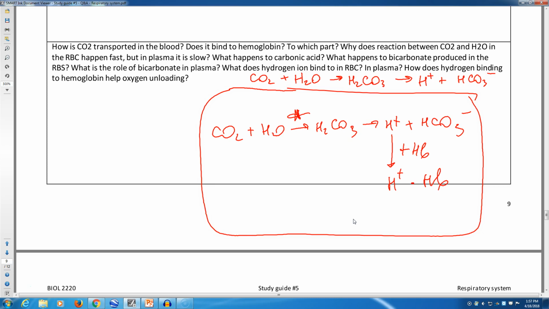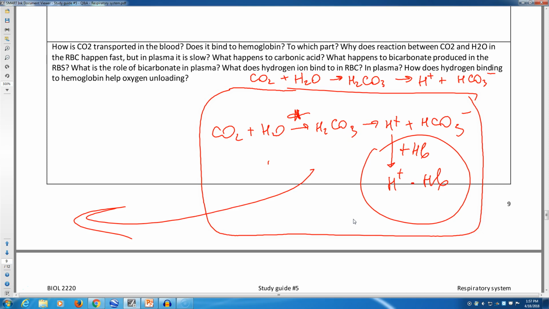And think about this. This reaction that I showed essentially takes hemoglobin away from the dissociation reaction of oxyhemoglobin into deoxyhemoglobin and oxygen. So oxygen happily goes into the tissues. Hemoglobin binds hydrogen.